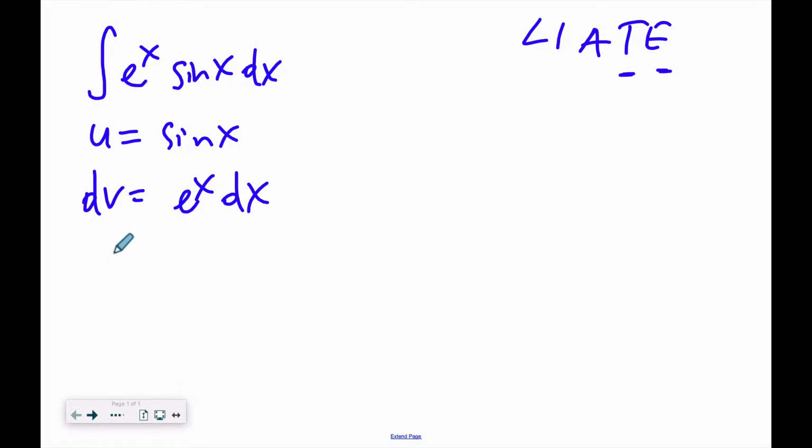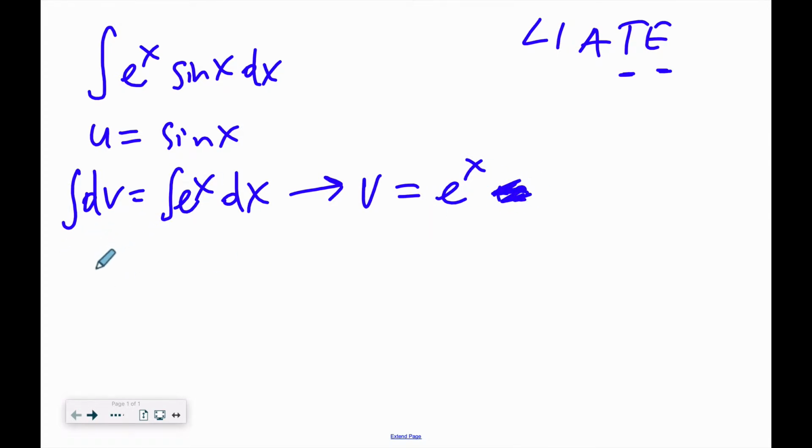So after this, we will integrate both sides to get v. So apply the integral here. The left hand side, the integral of dv, will be simply v, and that will be equal to the integral of e^x dx, which is simply e^x. There is no need for plus C, don't worry about it, just write e^x.